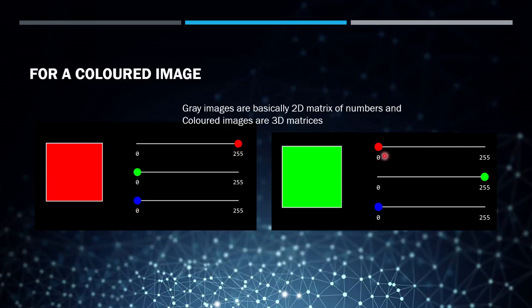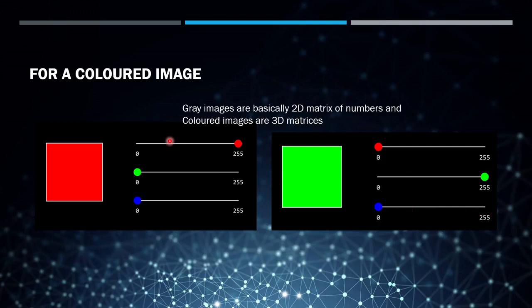This R value of 0 to 255 tells us how much our image lies between black and red. If it is 255, our image is completely red, given that the other values are also 0, and we can increase or decrease the degree of green or red.